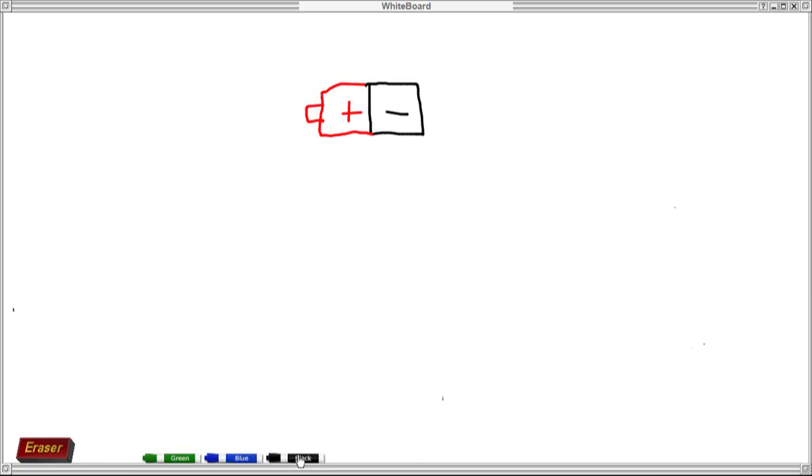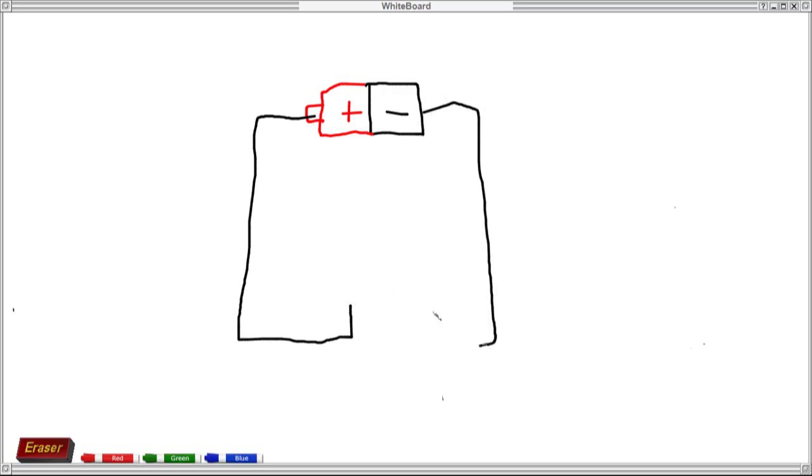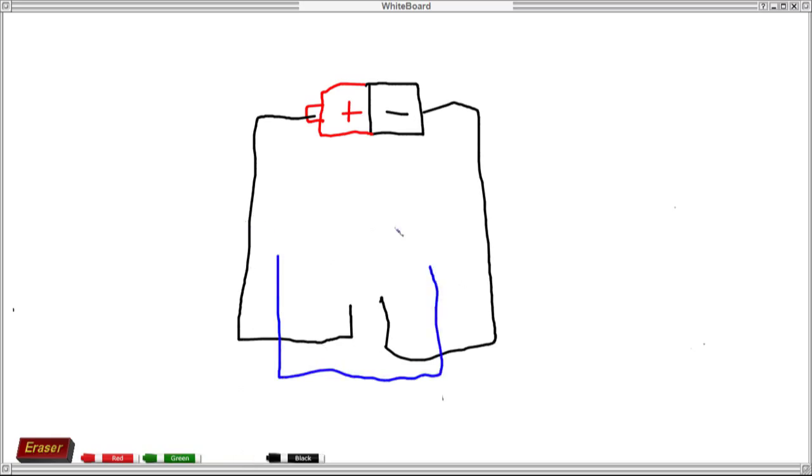So let's say this is a battery. You get your circuit, with one terminal at one side and another terminal at the other side. And let's say you have a tank of water.